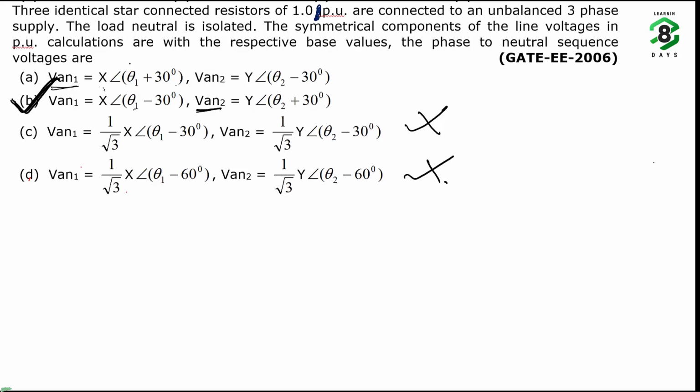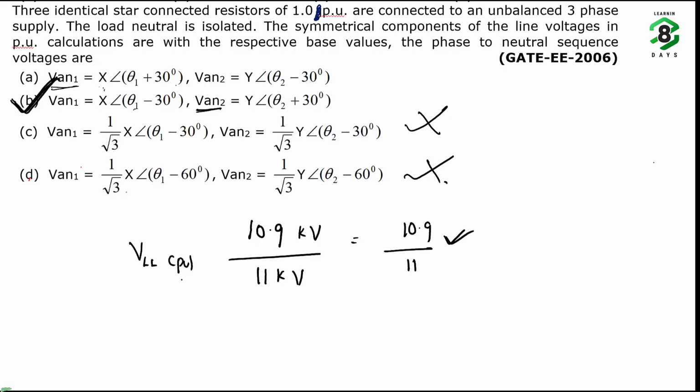So why is there no root 3 factor? Suppose the line to line voltage of generator is 10.9 kV. Base voltage is 11 kV. What is its per unit value? 10.9 divided by 11. You will get this per unit value, the line to line per unit value.